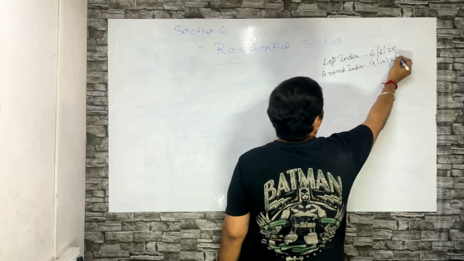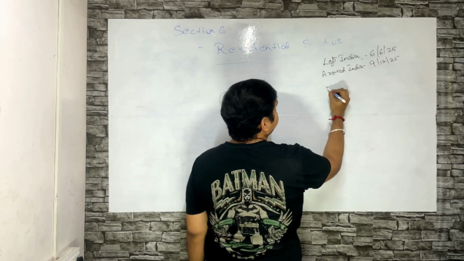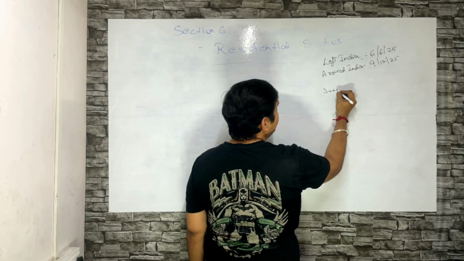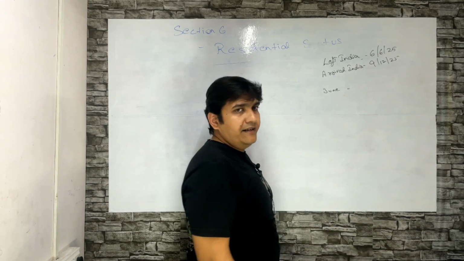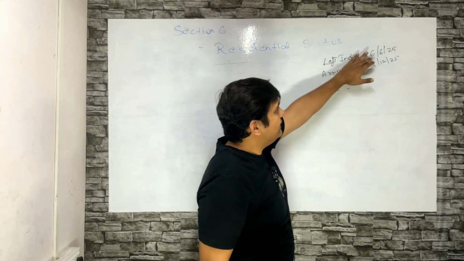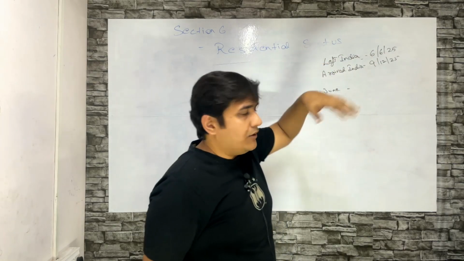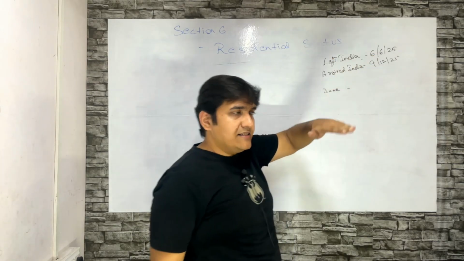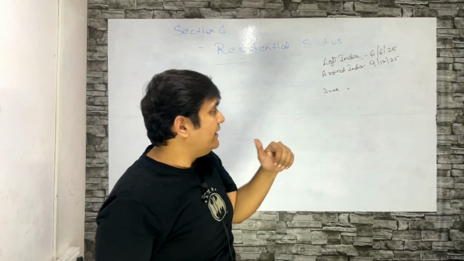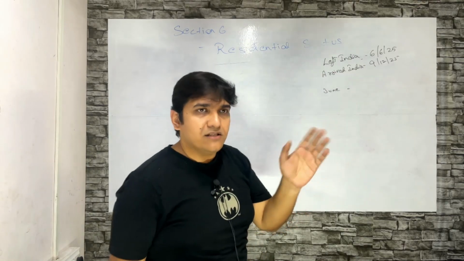So let us take now, in June, how many days in June? 30 days in June. In that, on 6th he has left India. So 30 minus 6 is 24.